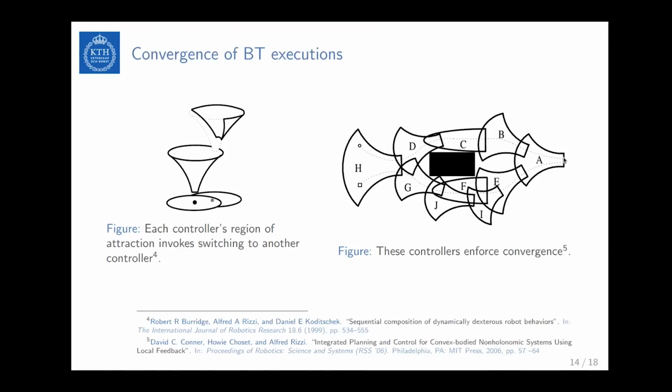So for each controller, if you know that in finite time it's going to switch to another controller, then you can basically add up all those things.